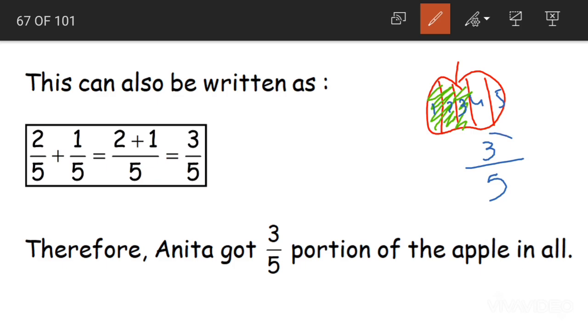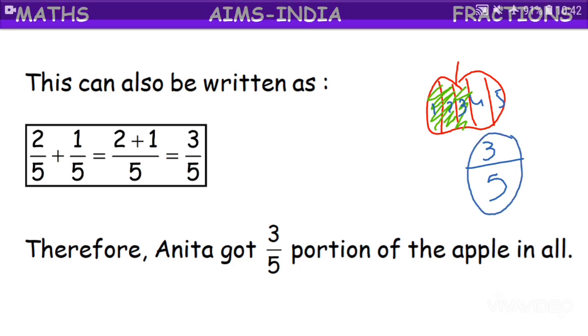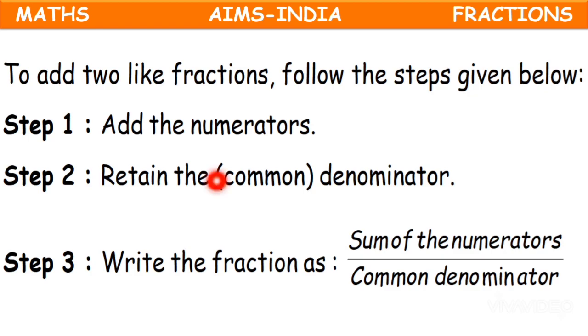So Anita has got 3 by 5 portion of the apple. Yes or no, children? This is the diagrammatical representation, and when asked in the exam you should write like this: 2 by 5 plus 1 by 5 is equal to 2 plus 1 divided by 5, that is again equal to 3 by 5.